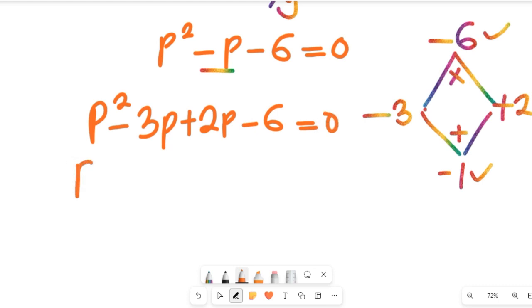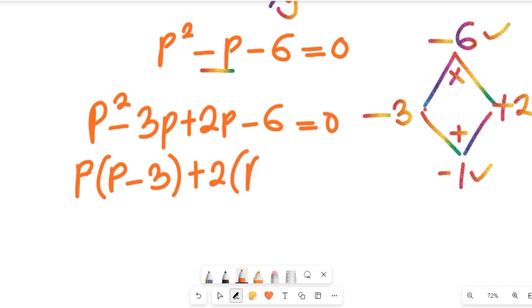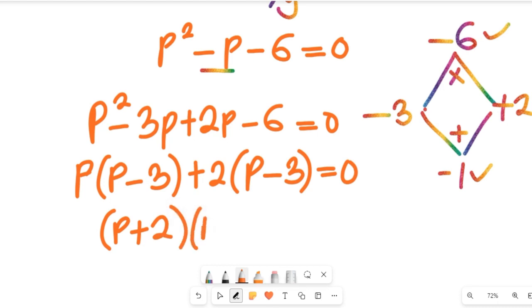So p is common. We'll have p into bracket p minus 3, and this will be plus 2 into bracket p minus 3, and this will be equal to 0. So here we'll have p plus 2, and the other side we have p minus 3, which is common, and this will be equal to 0.